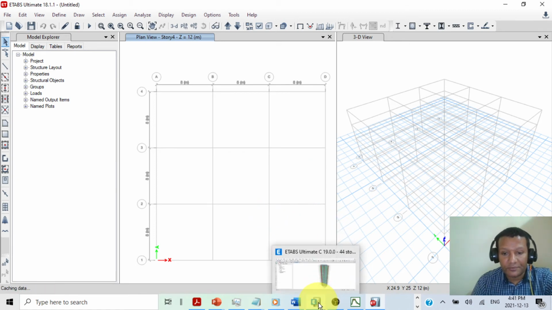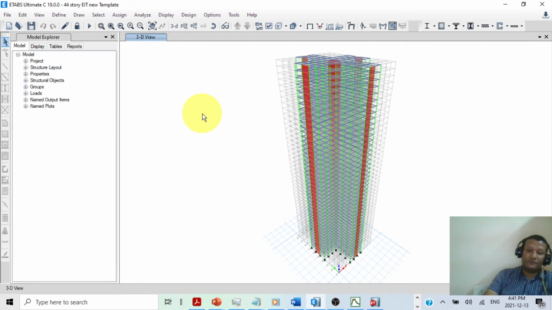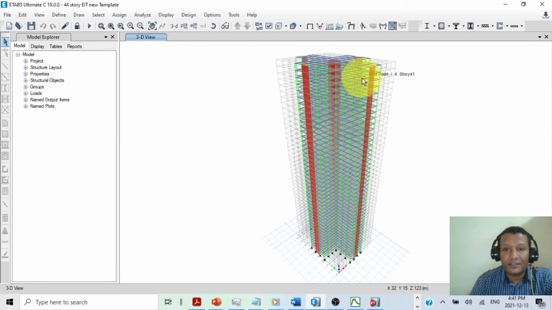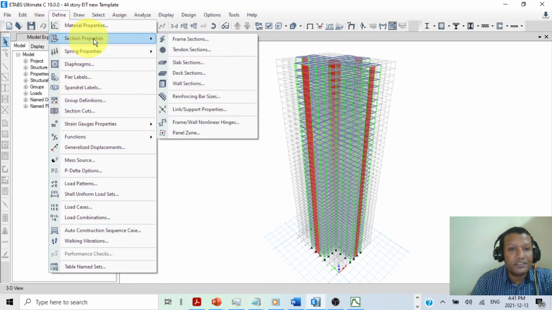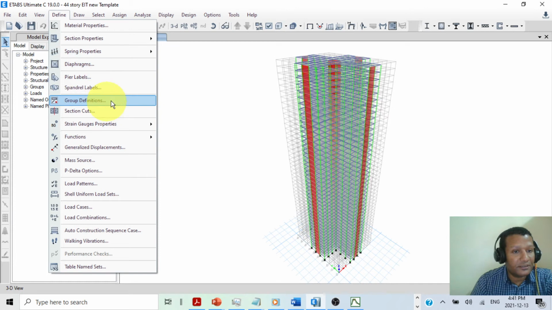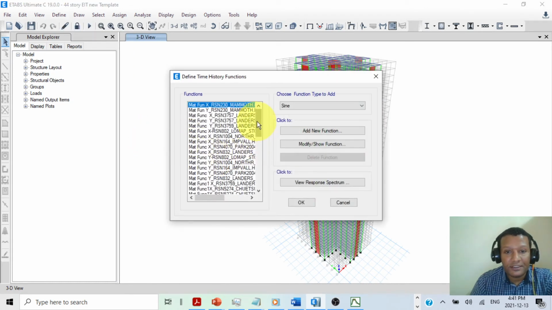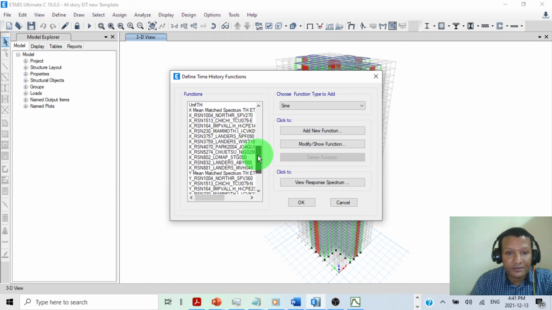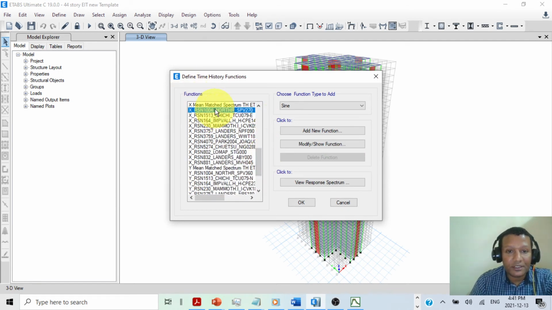So let me go to our file. This is our time history analysis. Let me show you now all the material properties section, everything, these functions, response spectrum. For the time history, I use 11 data. We can see all, for example, RSN 104 Northridge, modify show.